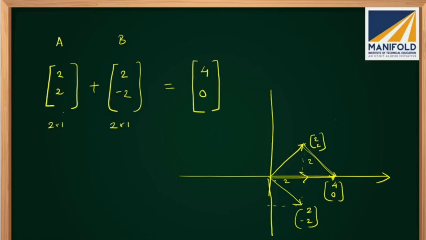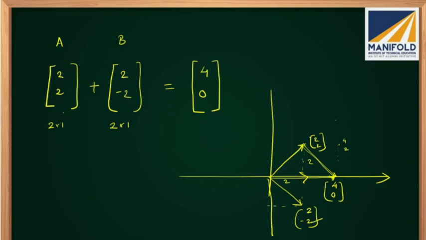You can see, from 0, 0 I have reached 2, 2, that is 2 units to the right and 2 units up. From here, I need to go 2 units to the right and 2 units down. That is 2, minus 2. If I go 2 units to the right, I'll reach the point 4, 2. Then I must come down by minus 2, so I'll reach the point 4, 0. Is it clear?